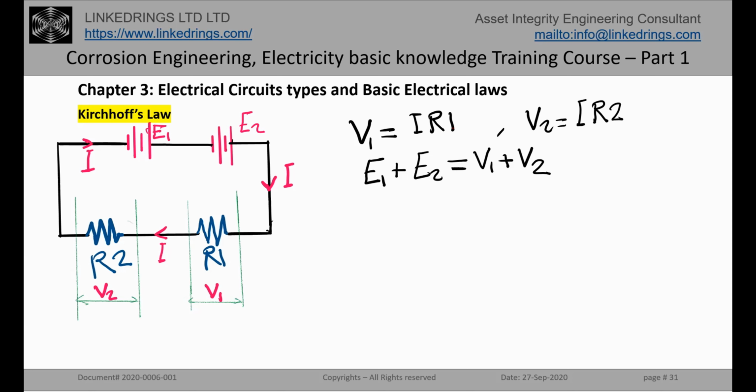V equals IR1. This is V1. The voltage drop across the second resistance will equal I times R2, so V2 equals I times R2. The summation of the voltage sources E1 plus E2 equals the voltage drops V1 plus V2.